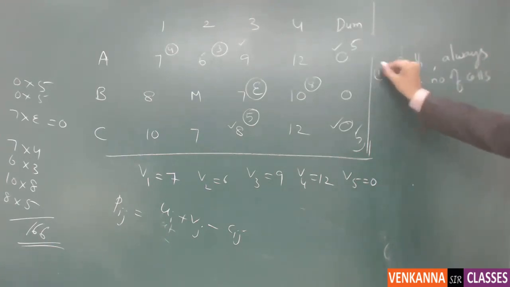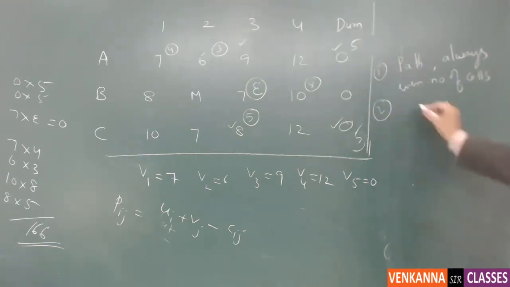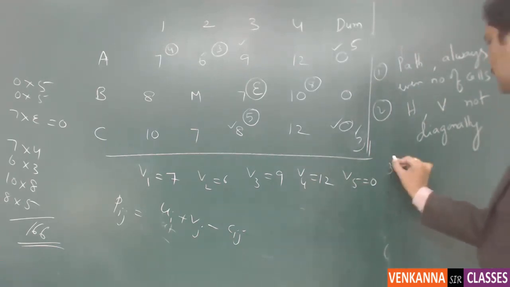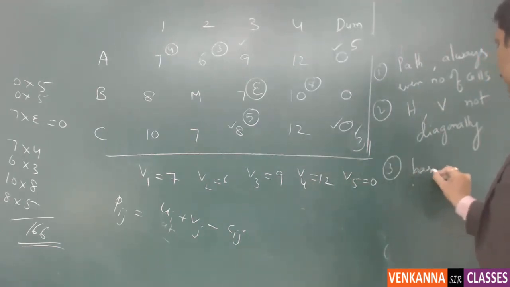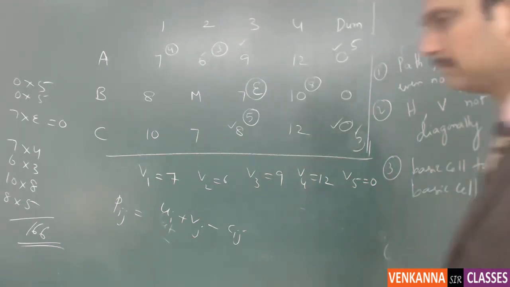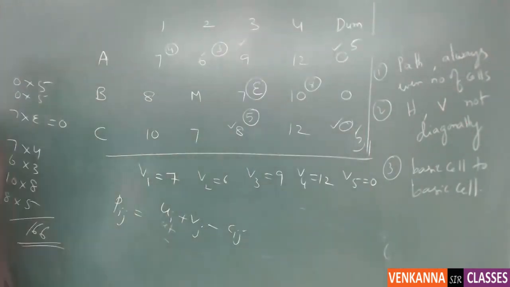That is 1. Second, we should move either horizontally or vertically, not diagonally. These two things we usually take care of. And another thing is you should move from basic cell to basic cell, where there is allocation. That's it.